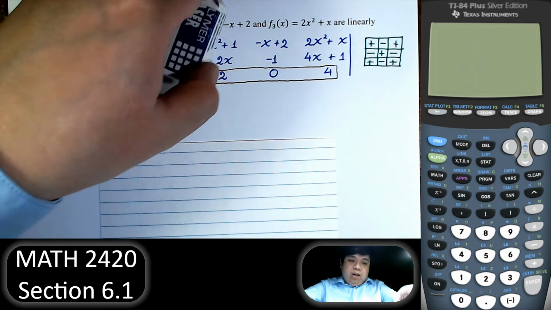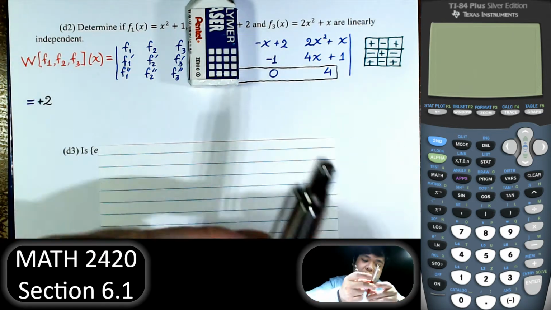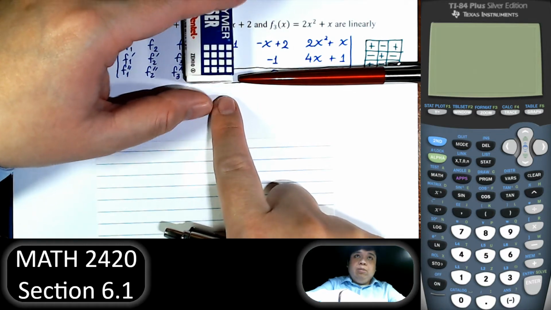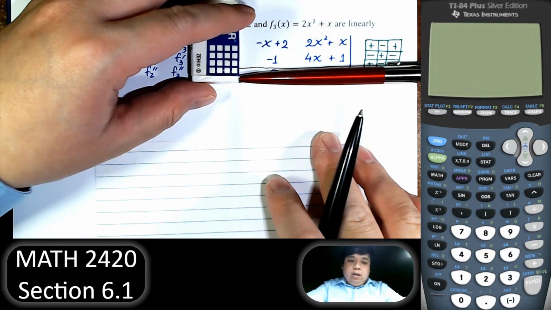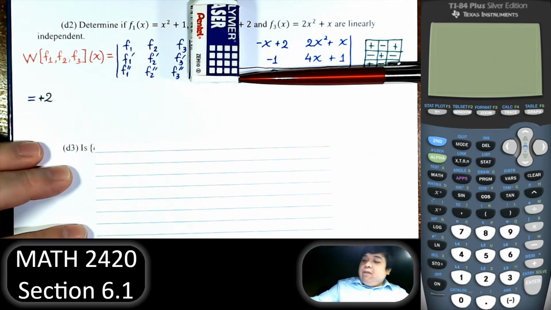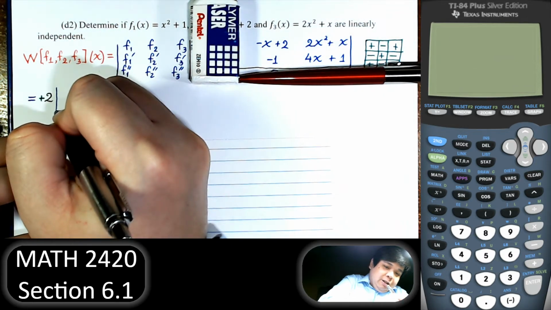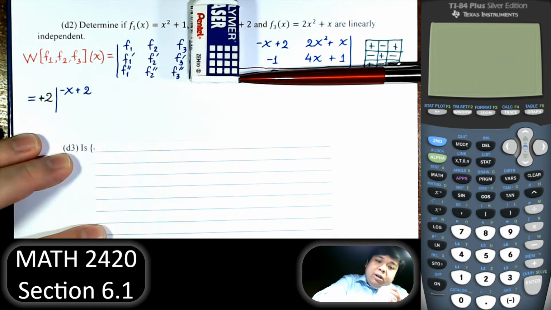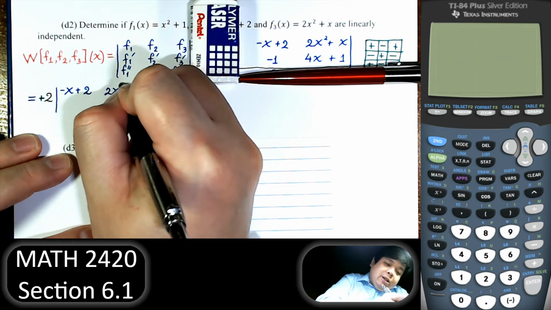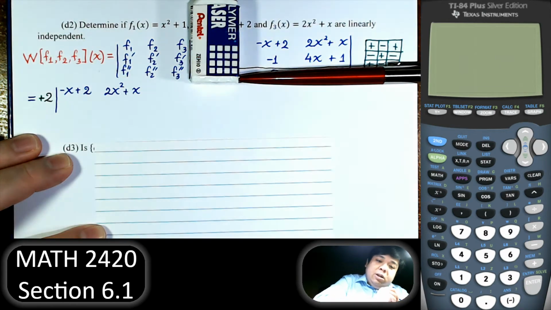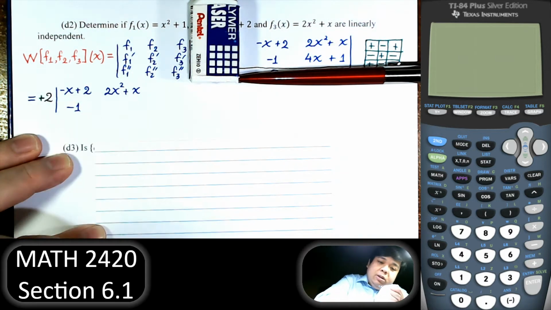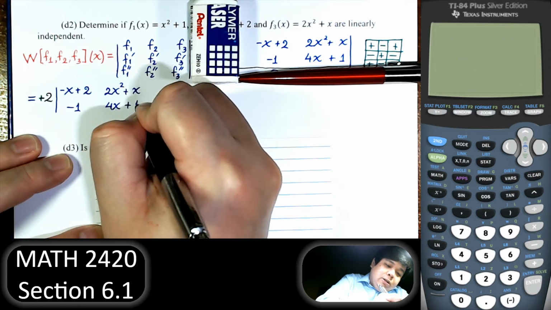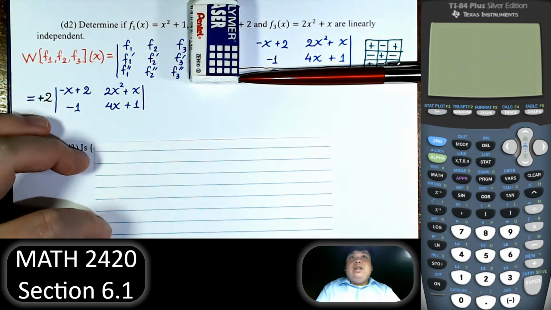So I cover the row and the column containing the 2. Alright, what's left is the 2 by 2: negative x plus 2, x squared plus x, minus 1, for x plus 1. So that is the first entry.